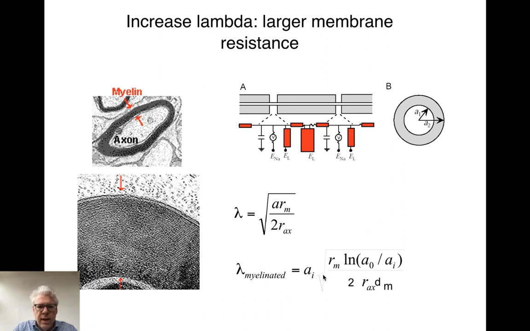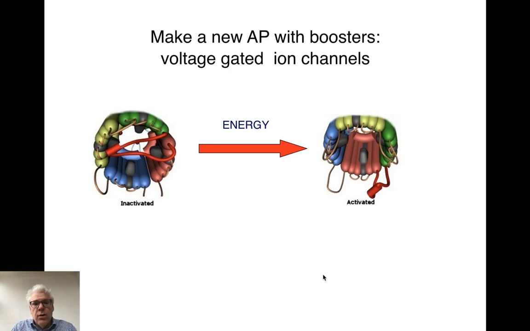More details can be found in the book. Now, the other option was to make new action potentials with boosters, and those are essentially the voltage-gated ion channels.